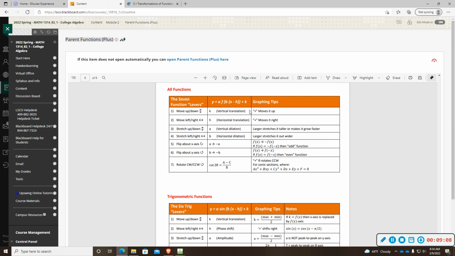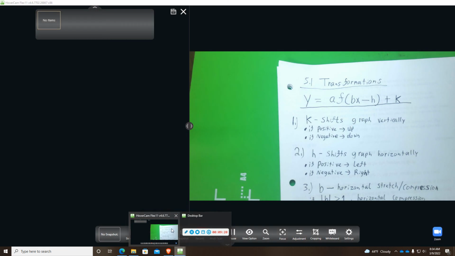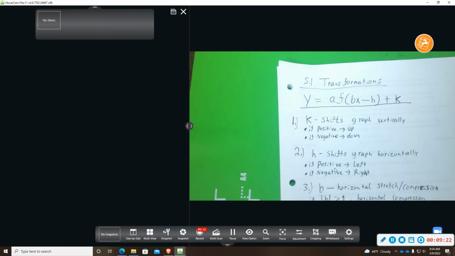It tells you K moves up or down, H moves right. However, it says positive moves right, and that is opposite of what I have written. I told you in the notes here that positive moves left because of what you're going to see visually. But they're telling you based on the number that you plugged in. So be careful with that.